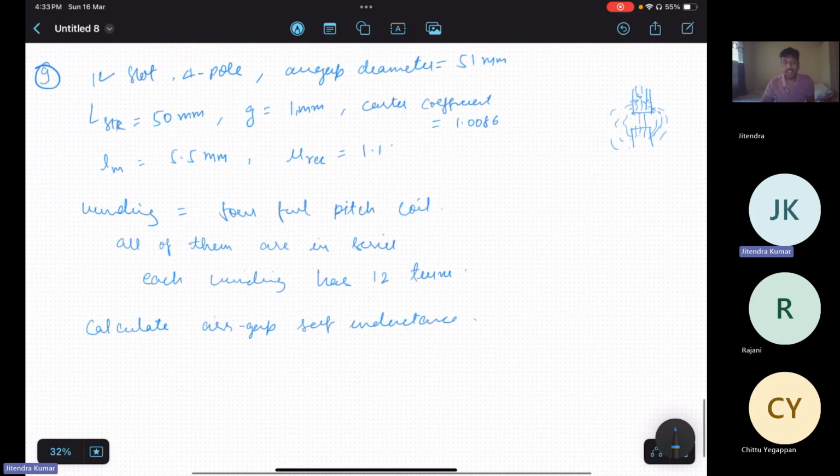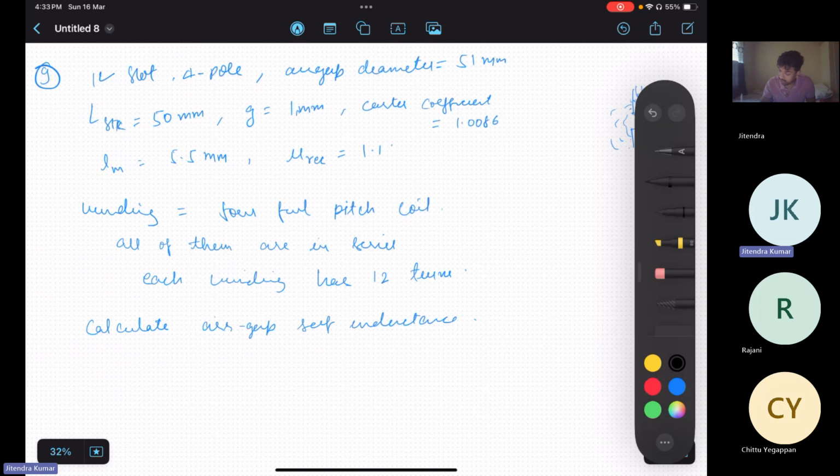So now here we have to calculate the air gap self inductance, and to calculate it, first let me know the expression of air gap self inductance.